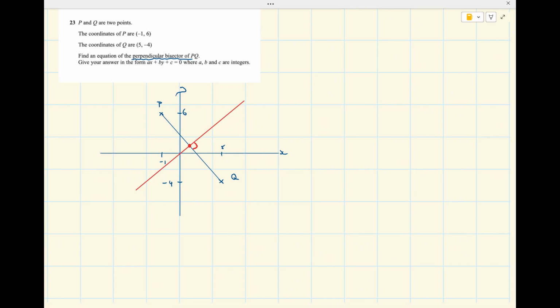Now, to find an equation for a line, we need to know 2 things. We need to know a point on the line. We also need to know the gradient of the line. Now, I know a point on the red line because it goes through the midpoint of PQ. P is (-1, 6) and Q is (5, -4).